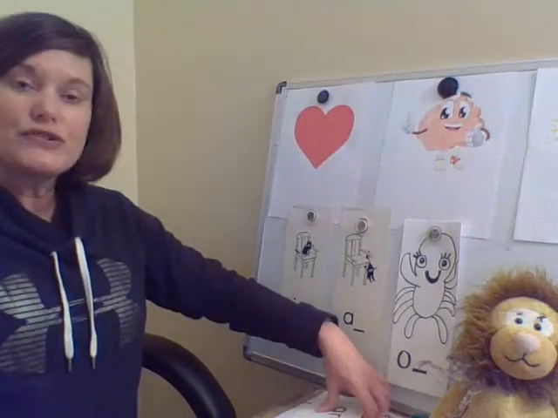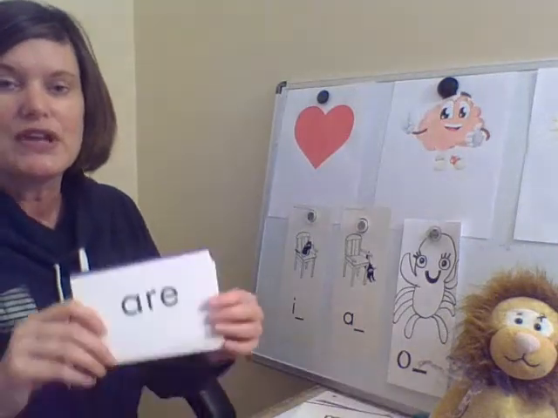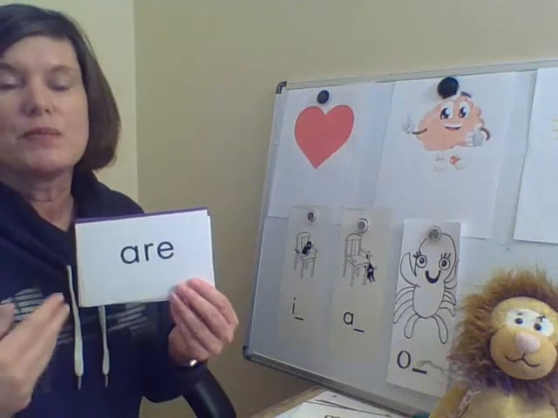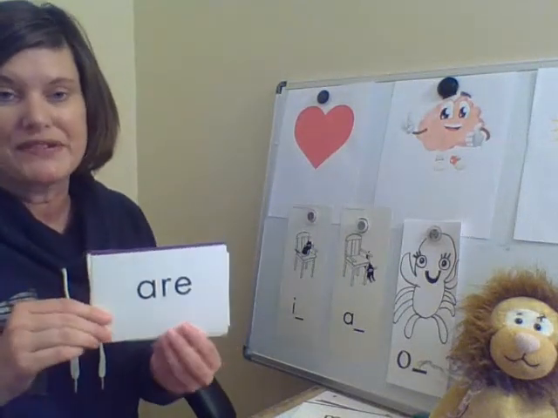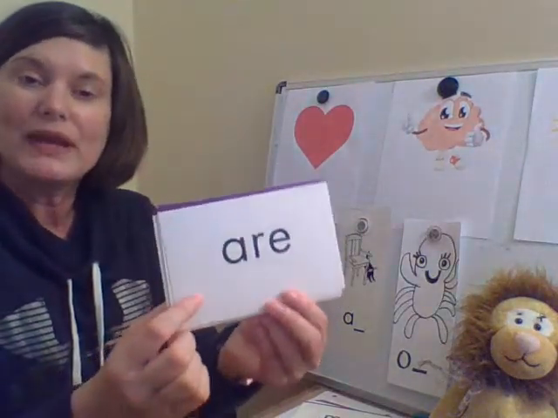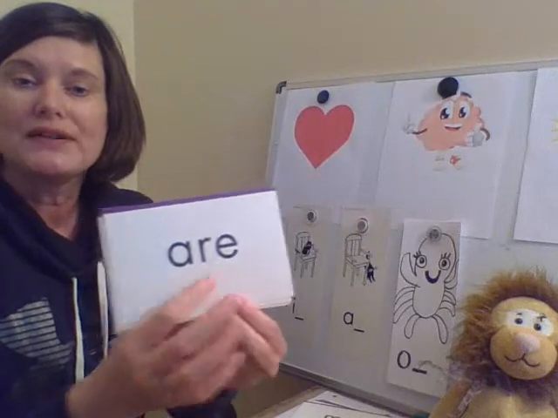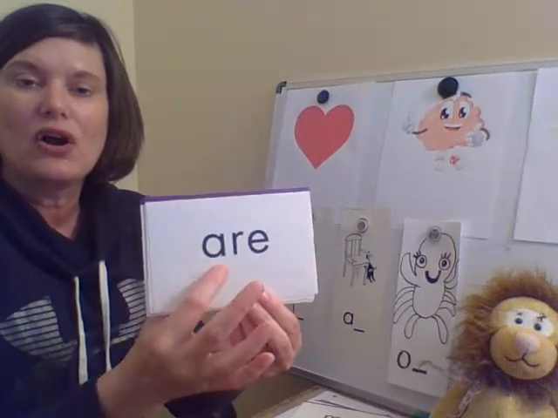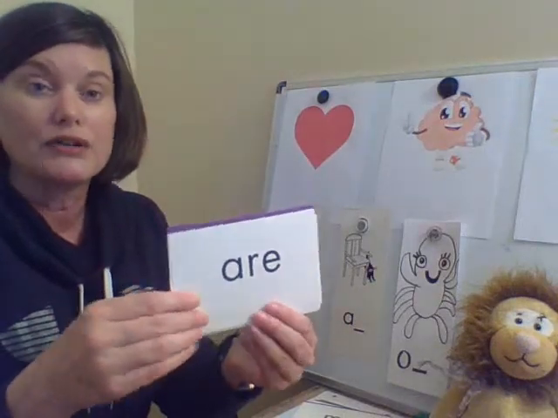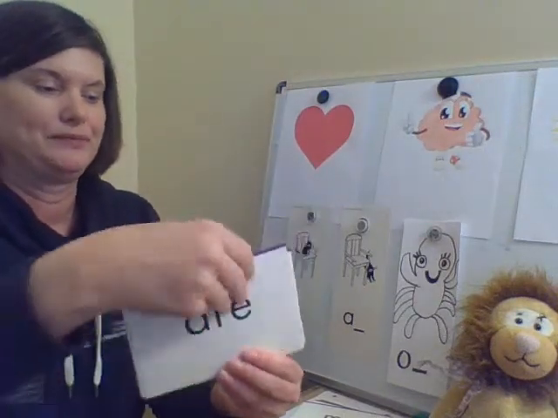All right, we're going to learn some new sight words. The new ones we're going to read, spell, read, and then when we review the ones from our last lesson, we'll just read them. Okay, read are. Now spell. A-R-E. Read are. You are doing a great job.